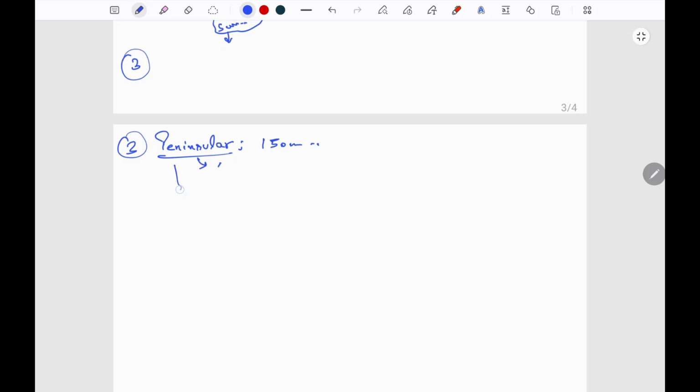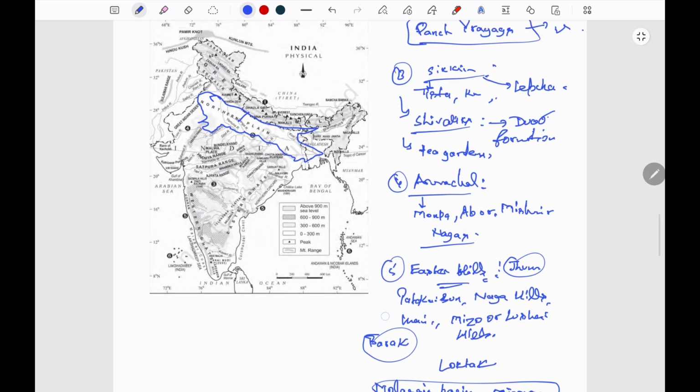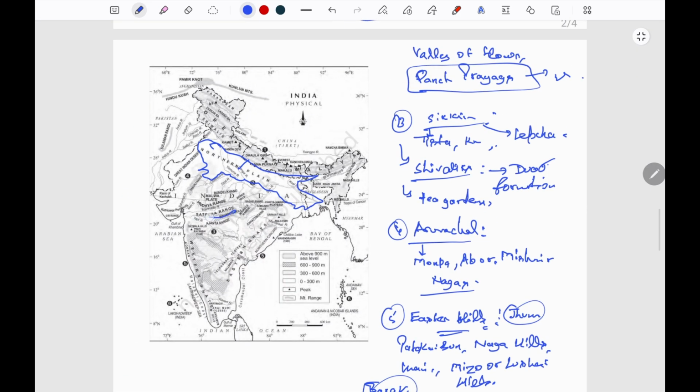Now it is further divided into various parts like Deccan Plateau, which is the region that is bordered by Western Ghats and Eastern Ghats in the east and west, and in the north it is bordered by Satpura, Maikal, and Mahadev Hills. You can see this in this region. This is Deccan Plateau.